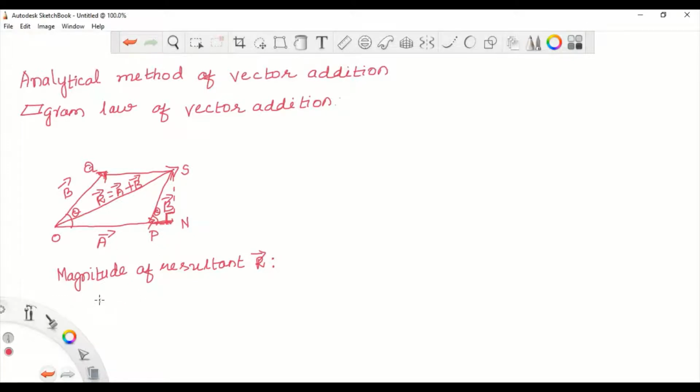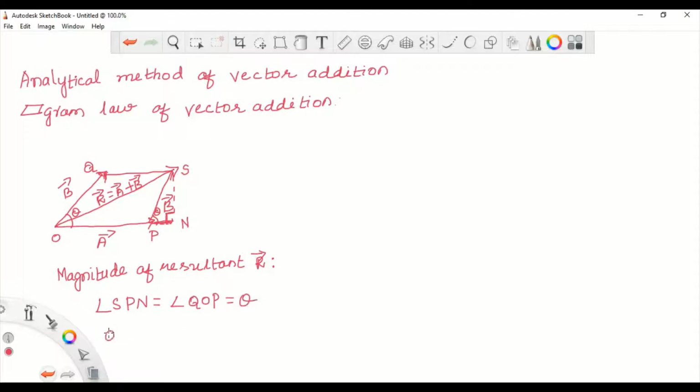Then what is angle SPN? Angle SPN is equal to, and similarly angle QOP, will be taken as theta.